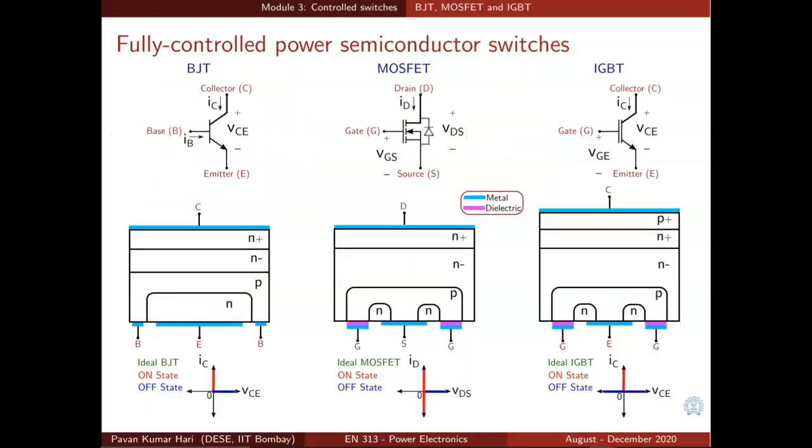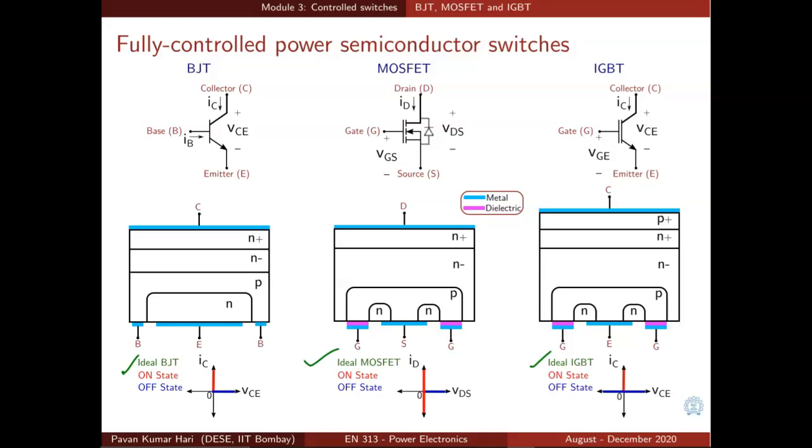So here are the idealized VI characteristics of these three switches: ideal BJT, ideal MOSFET, and ideal IGBT. Ideal BJT can conduct in only the positive direction. So IC, the collector current, can be positive, and VCE can only be positive in the off state.